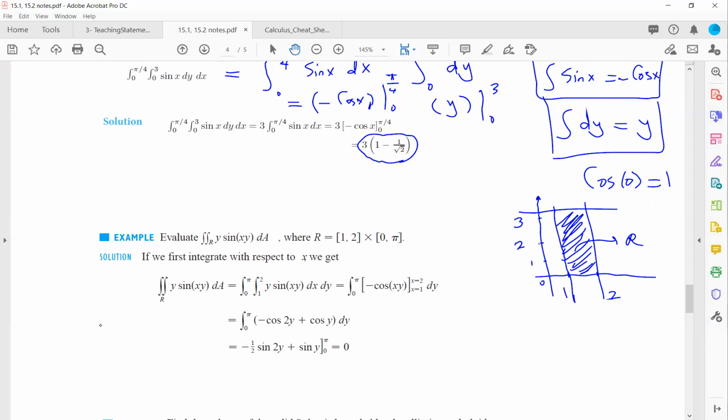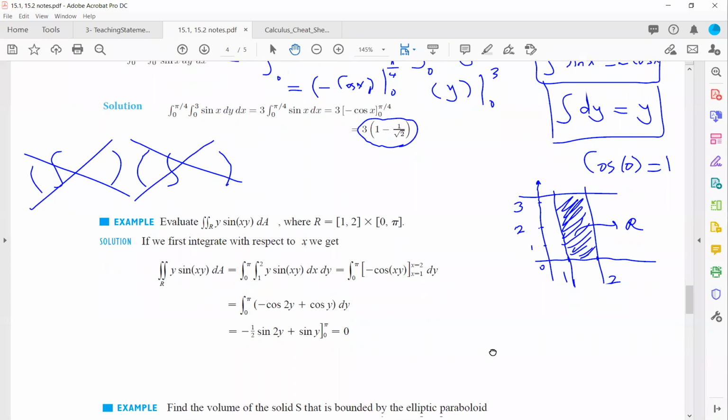Guys, here you cannot separate these two functions because you have y inside sine. So there is no way you can write this as the product of two integrals. Unfortunately, it doesn't work in this case. So here you have two options.